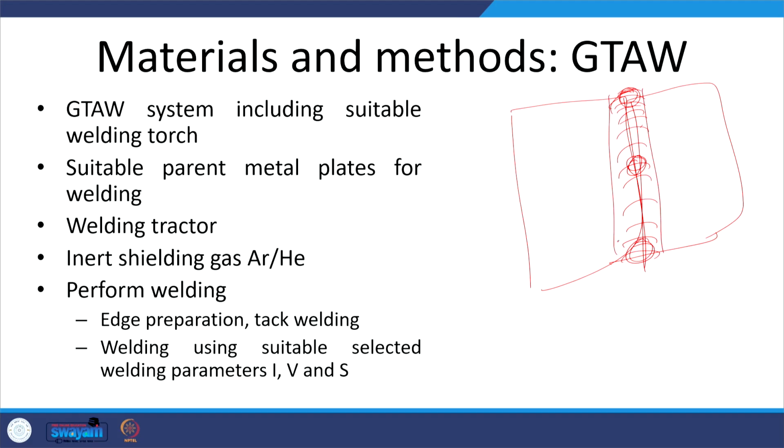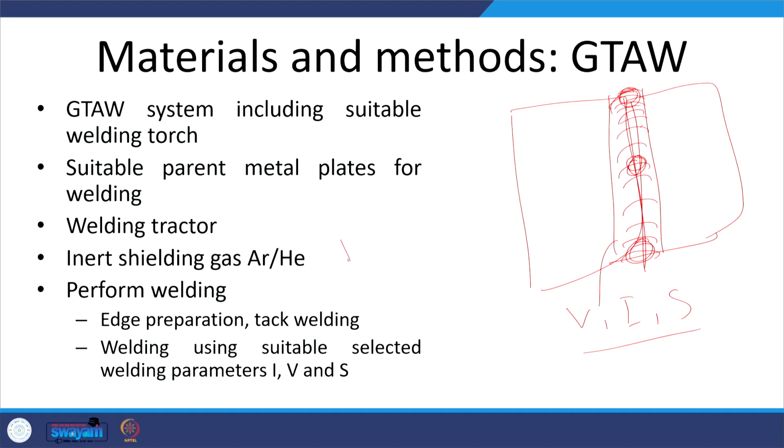So, here it is very important that voltage, current and speed are selected in such a way that we are able to realize the single pass penetration. In case of single pass welding, we are able to realize the through thickness penetration, especially when we are dealing with relatively thin sheets. Okay.